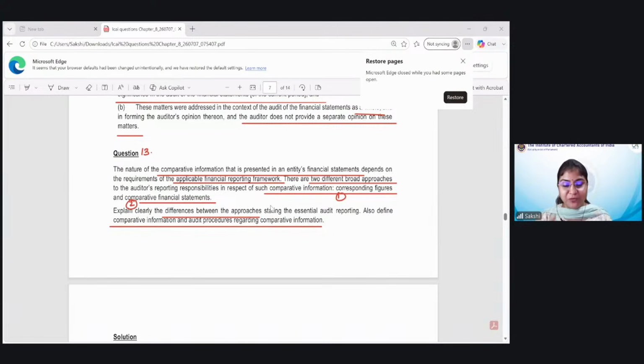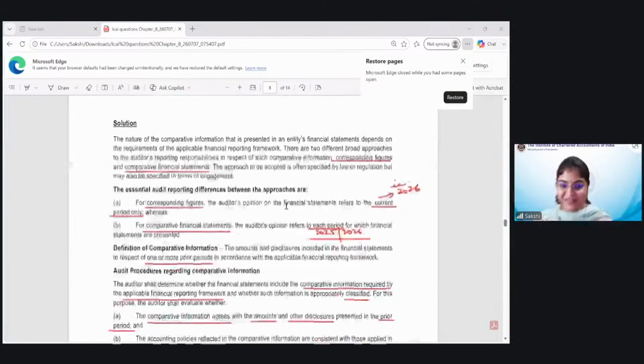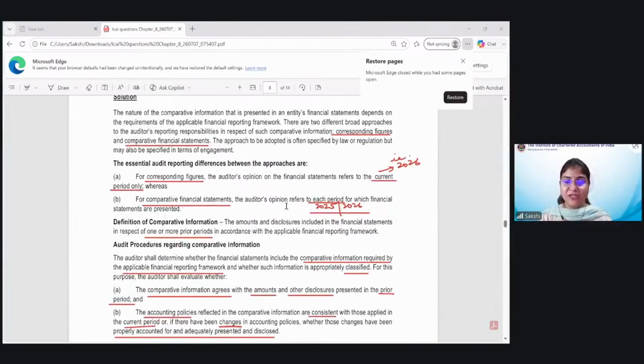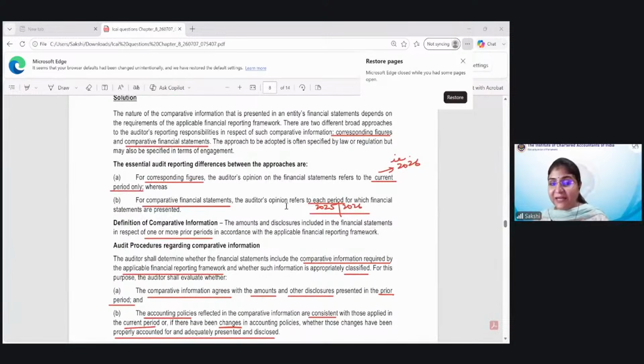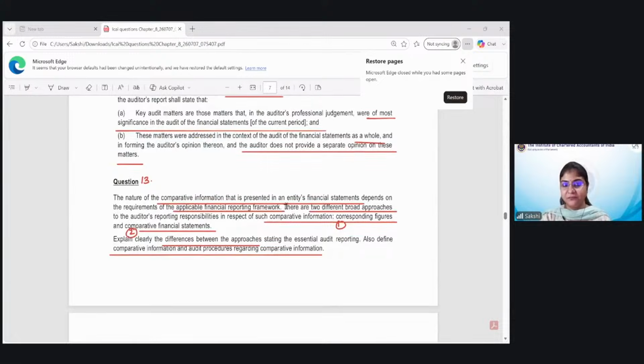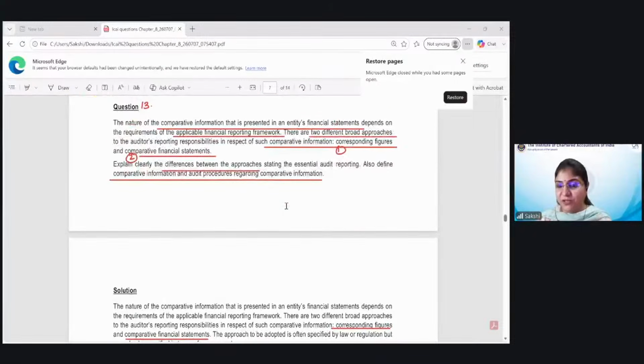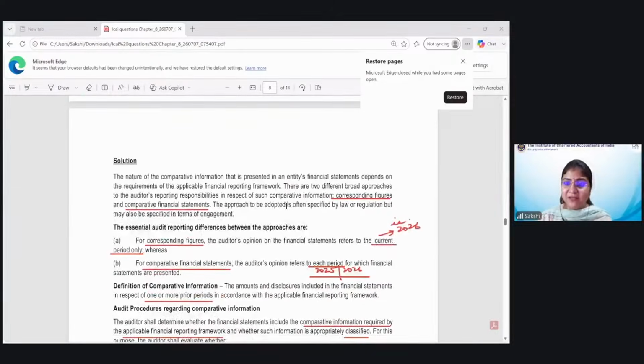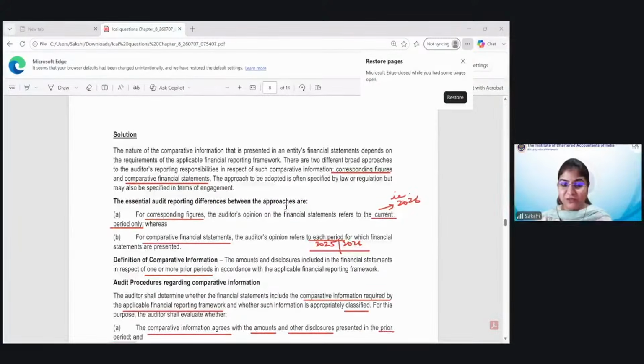Now you proceed with how the answer is written. See this question, see the solution. The nature of comparative information presented in an entity's financial statements depends on the requirement of the AFRF, the applicable financial reporting framework. There are two different broad approaches. This is what you repeat from the question: corresponding and comparative information.